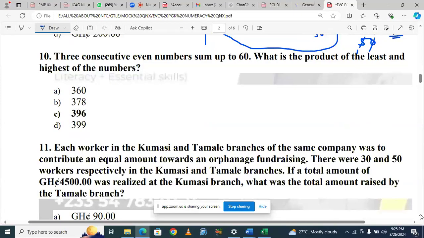3 consecutive even numbers sum up to 60. Pause. 3 consecutive even numbers. Can someone explain this part for me? The first 3 even numbers.